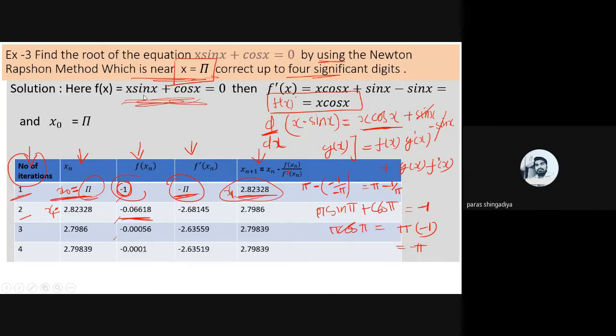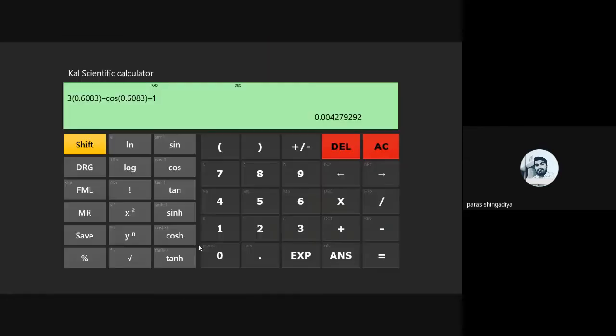That will be 2.82328 into sine of 2.82328, plus cos of 2.82328, with the brackets closed.